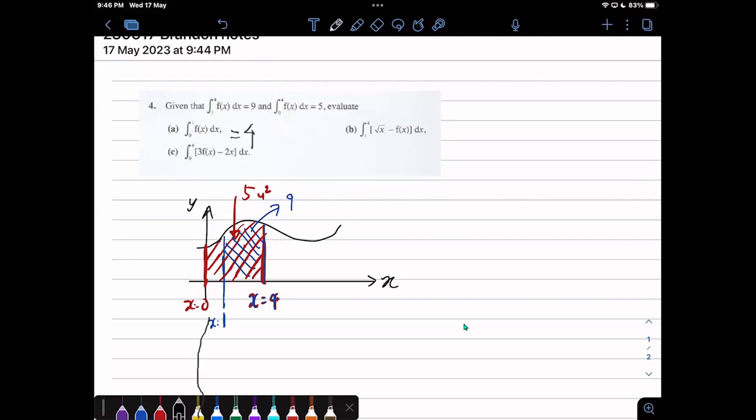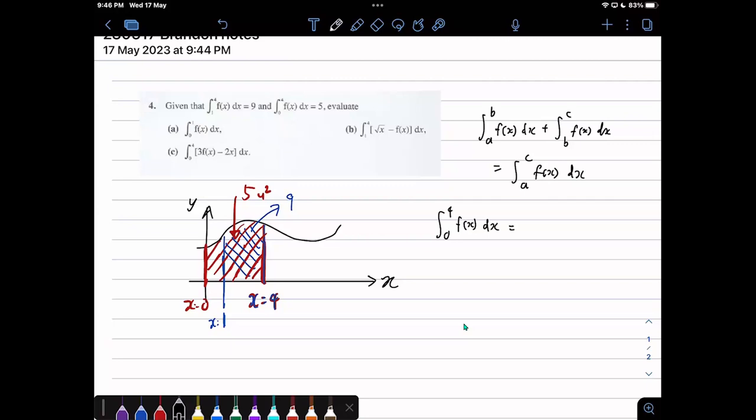But if you follow the rules, what's going on is the integral from a to b of f(x) dx plus the integral from b to c of f(x) dx will just be equal to the integral from a, skip the b, jump straight to c, f(x) dx. Okay. Very good. So over here, what you can do is the integral from 0 to 4 of f(x) dx.